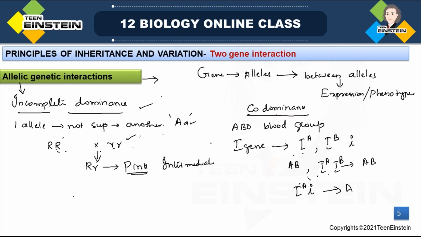So in codominance and incomplete dominance, how the expression should be is determined by the interaction between alleles. Within the gene, the interaction is taking place and it is coming to a final decision.